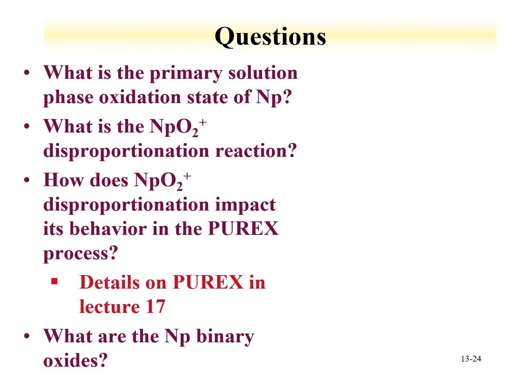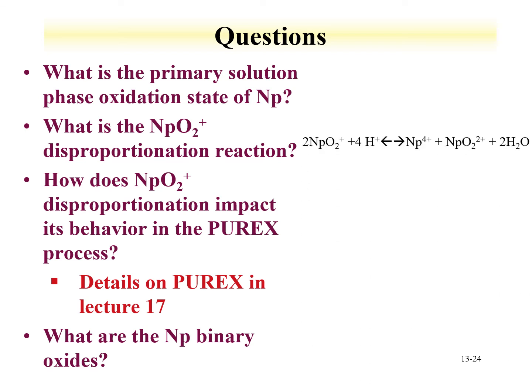Some of the questions you should be able to answer based on this lecture are listed here. What's the primary solution phase oxidation state of neptunium? Neptunium is pentavalent, plus 5. But that compound is the dioxide, neptunyl, as shown here. What is the neptunyl disproportionation reaction of the Neptunium-5?